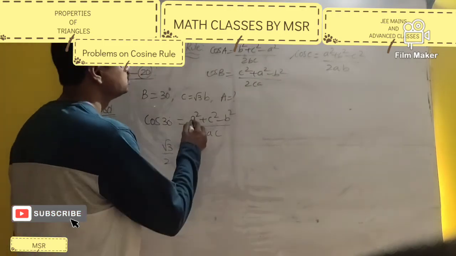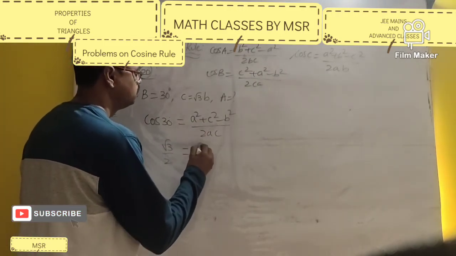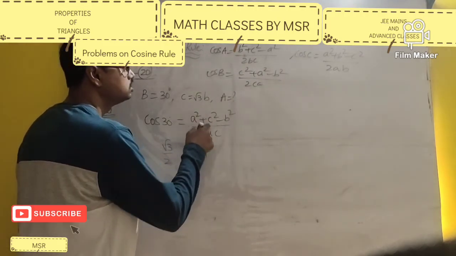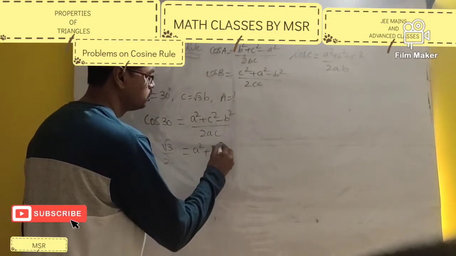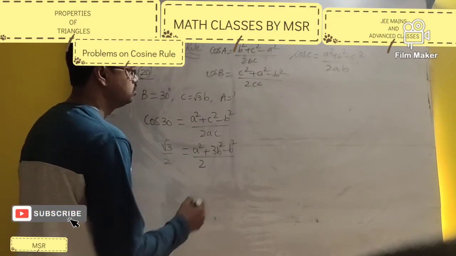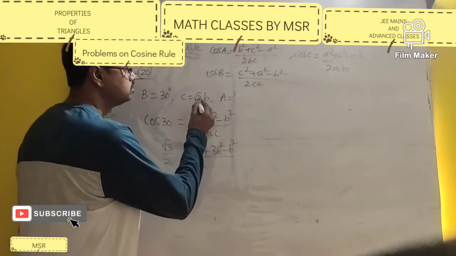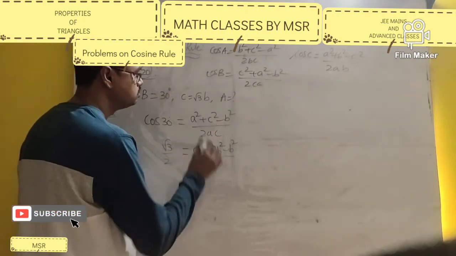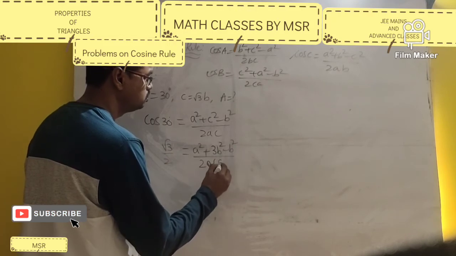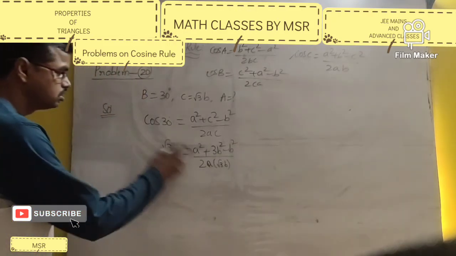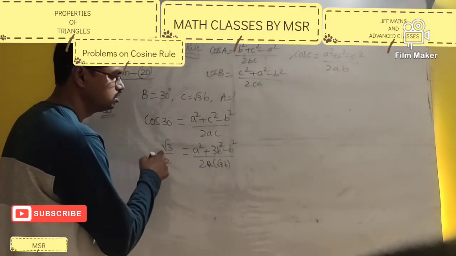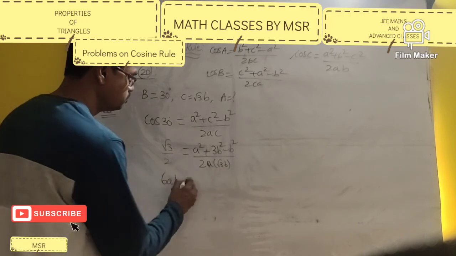Now A square plus C square, C is root 3B, so C square means 3B square, minus B square by 2 into A into C, where C value is root 3B. So 2A into root 3B. Okay, now cross multiply. This is 2 root 3 AB into root 3, that is 2 into 3 is 6AB.